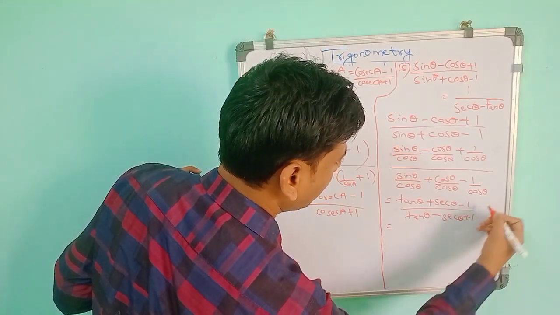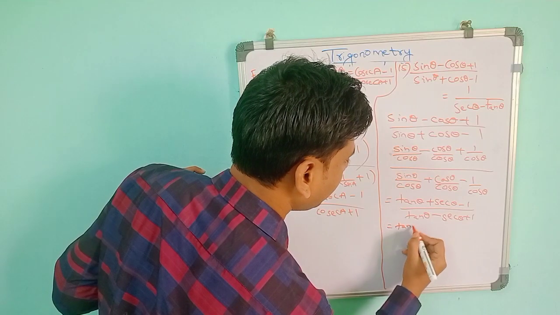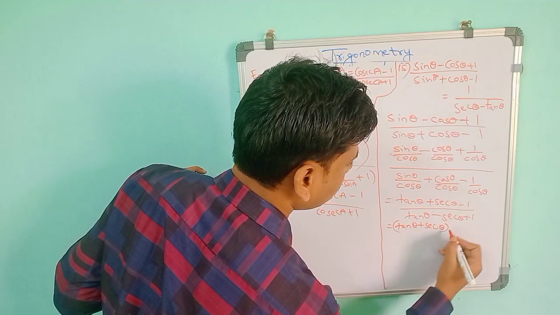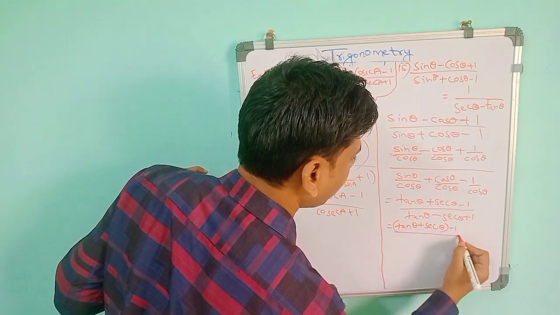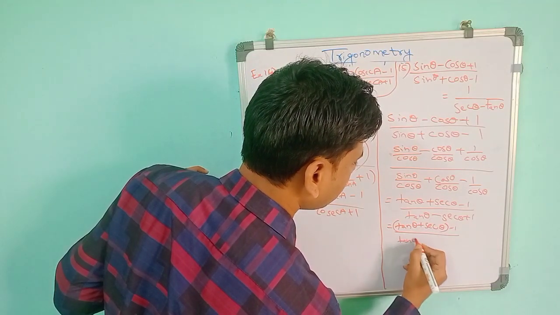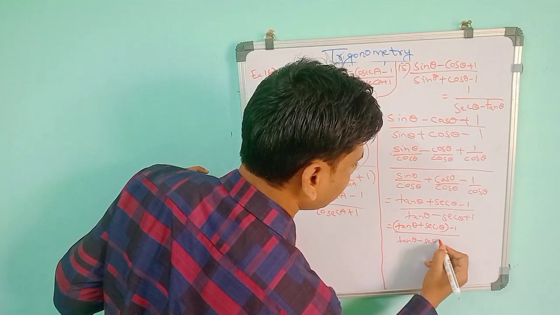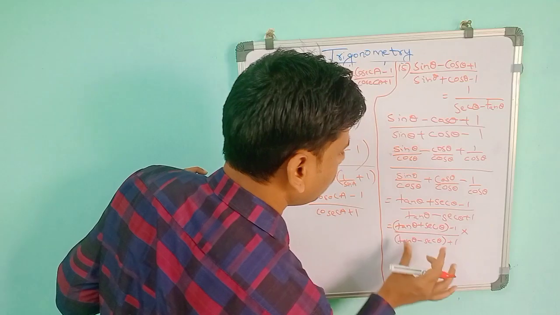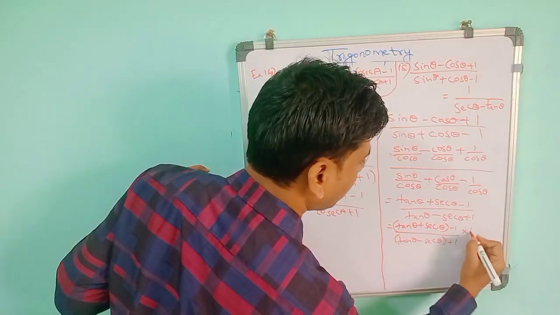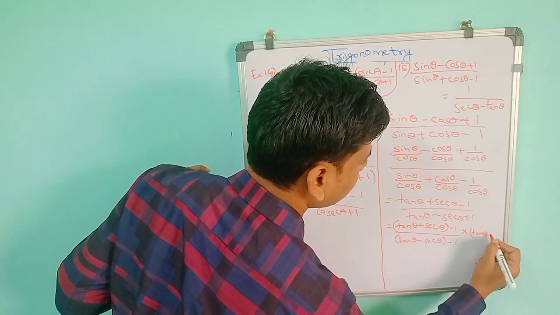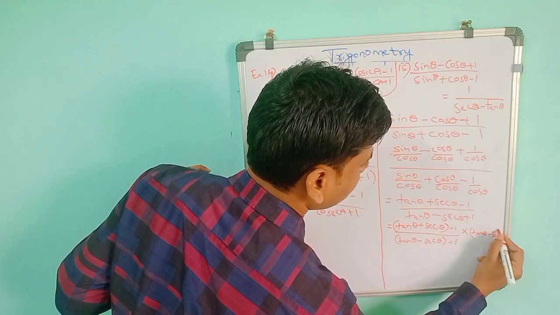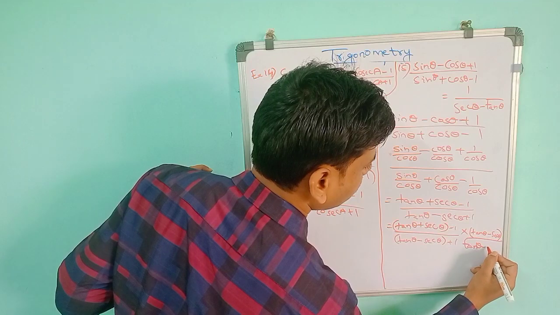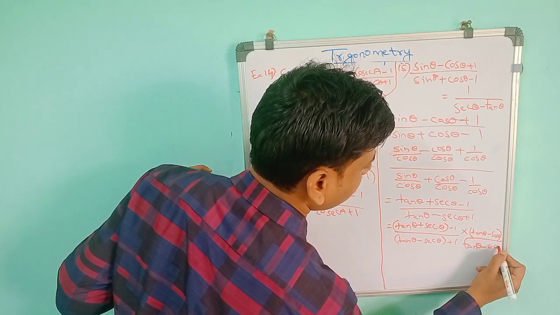Multiply the numerator by tan theta plus sec theta, and the denominator, tan theta minus sec theta plus 1, by tan theta minus sec theta, because we want tan square and sec square.